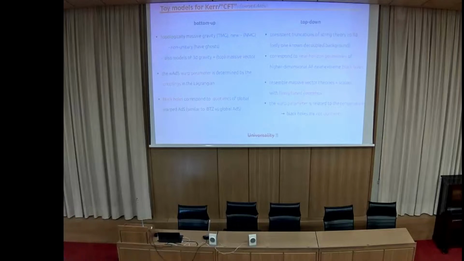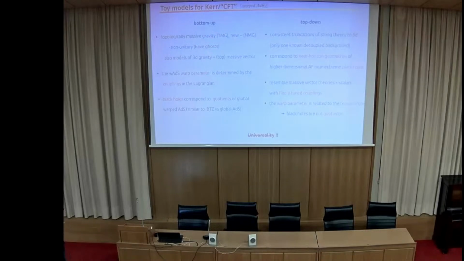Okay, so there are a lot of toy models to study warped AdS/CFT correspondence, and one can again classify them as bottom-up and top-down. Among the bottom-up models, the most famous are topologically massive gravity and new massive gravity. These are three-dimensional theories.